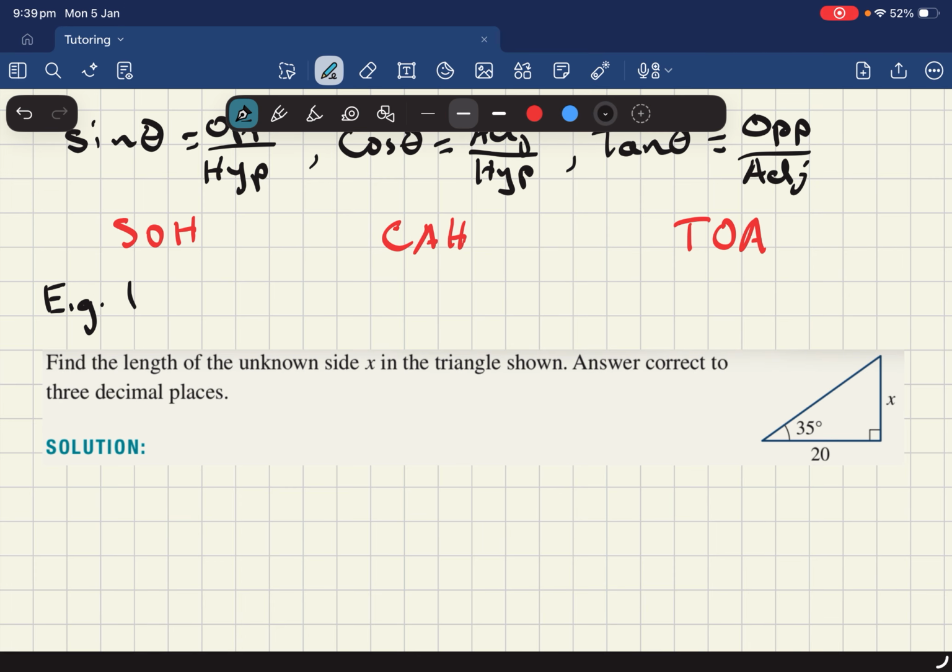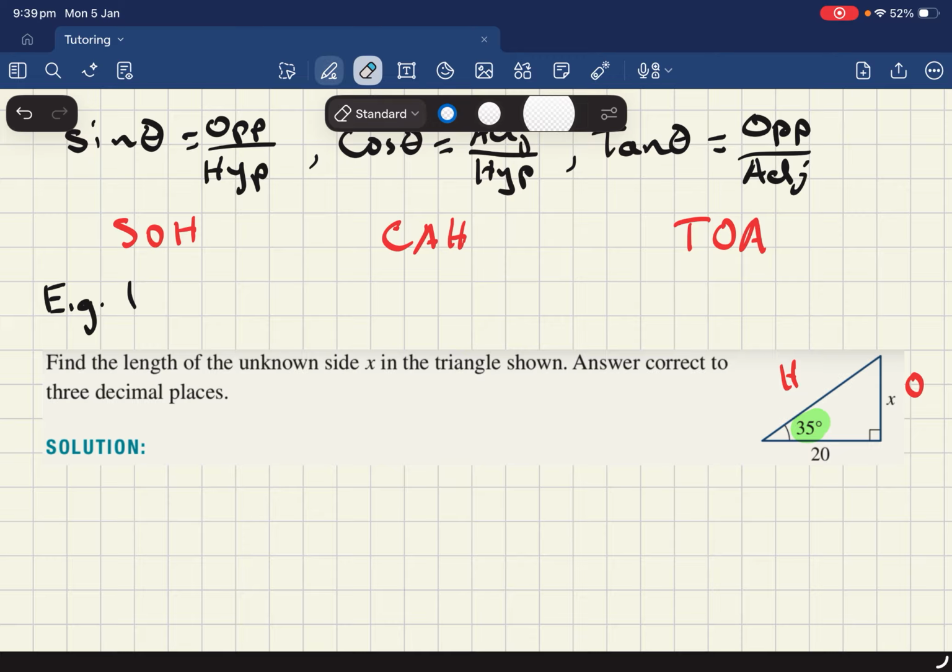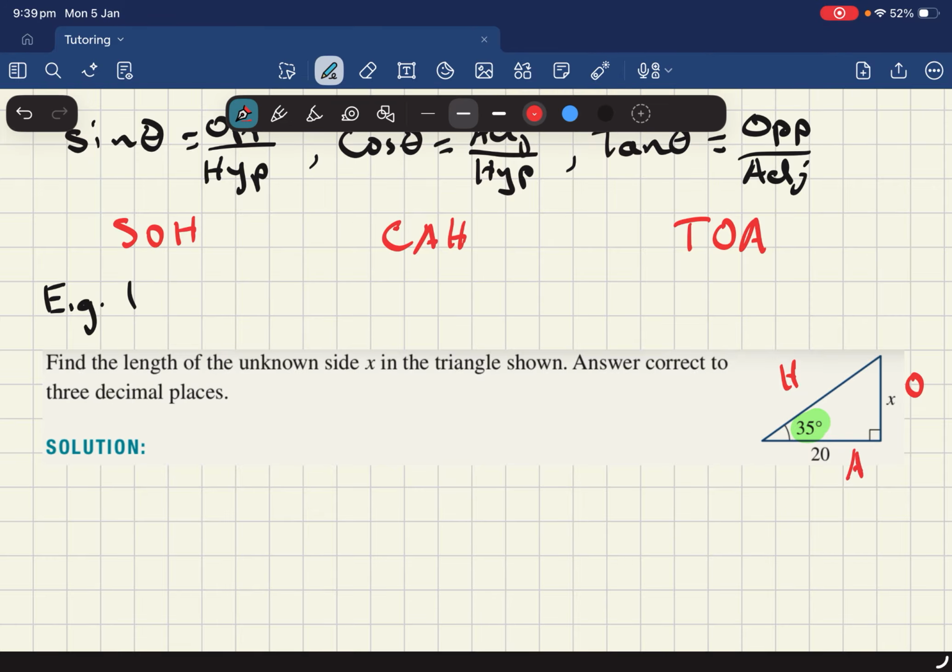So we've been given this angle. This is our angle theta. So we want to label these sides from the perspective of this angle. Now x is the side opposite to this angle. And 20 is next to it, and it's not the hypotenuse, which is up here. So this guy, 20, is our adjacent. So we go back to our SOHCAHTOA.